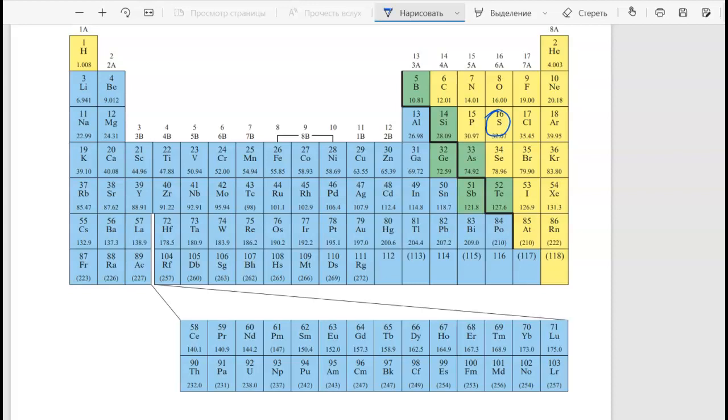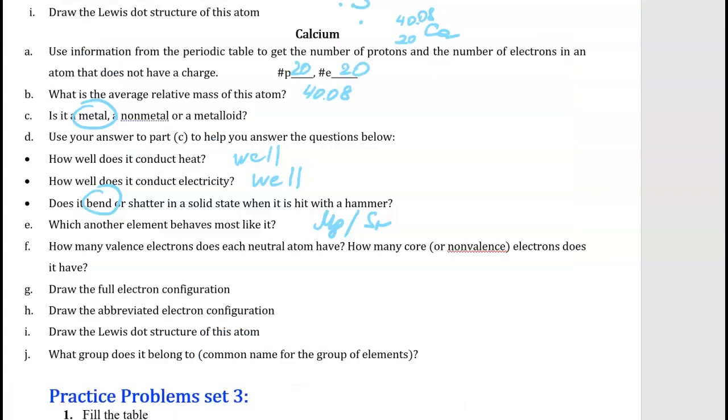That means the number of valence electrons is 2. Okay, 2 valence electrons, and the total amount of electrons is 20. 2 valence, that gives us 18 core electrons.